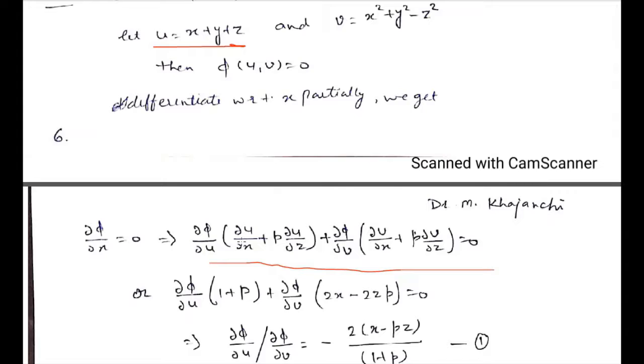Del u upon del x is 1, and del u over del z is also 1. Now del v over del x is 2x, and from here we can find del v over del z, which is minus 2z.